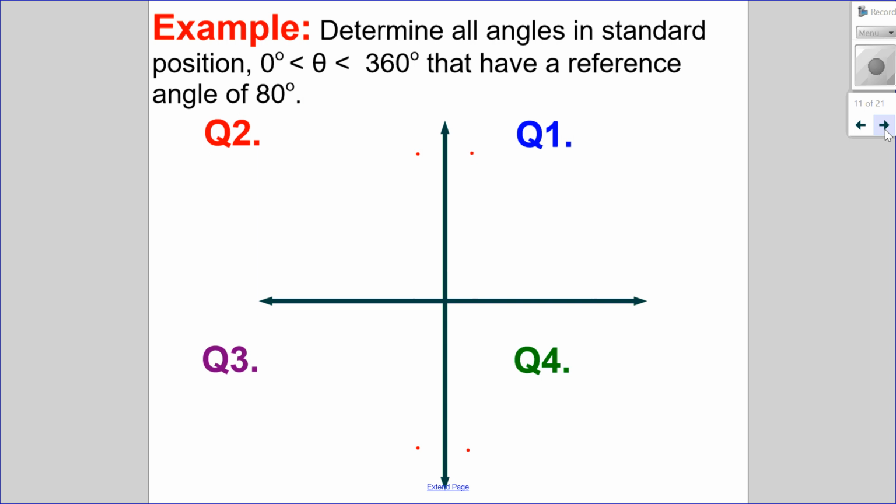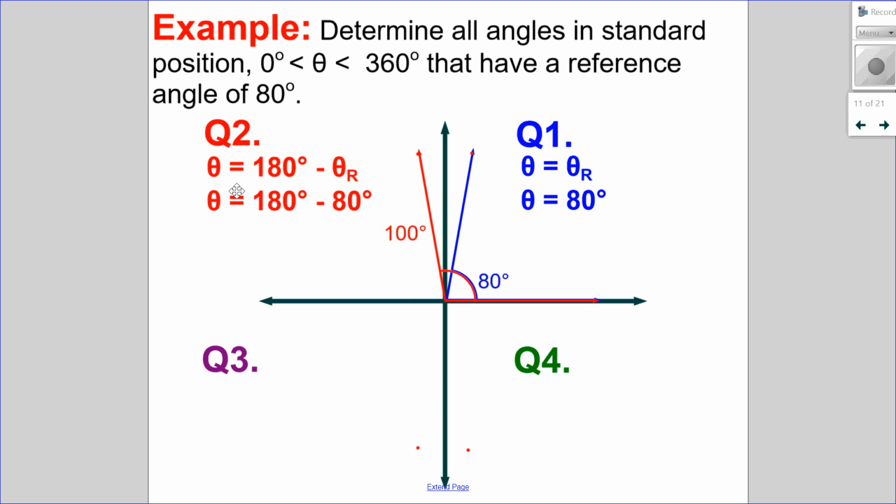Okay, what if I asked you to sketch all the angles that had a particular reference angle, such as 80 degrees? Remember in quadrant 1, the angle is its own reference angle, so 80 degrees is the reference angle and also the angle in quadrant 1. In quadrant 2, 180 is the bigger angle, so I do 180 minus my reference angle to get an angle of 100 degrees.